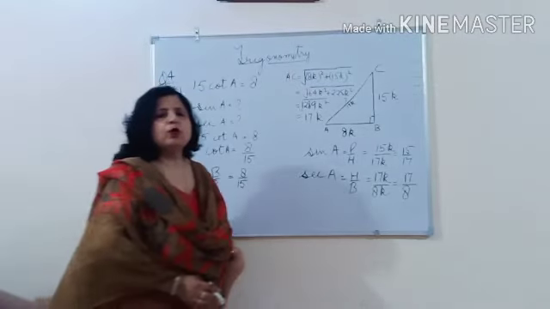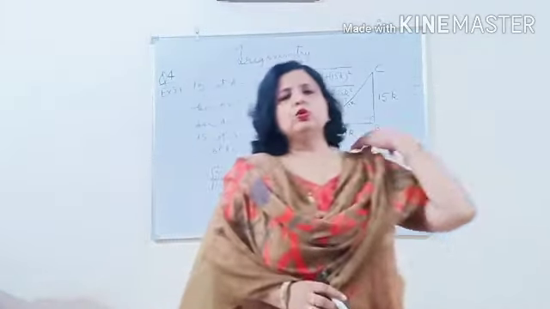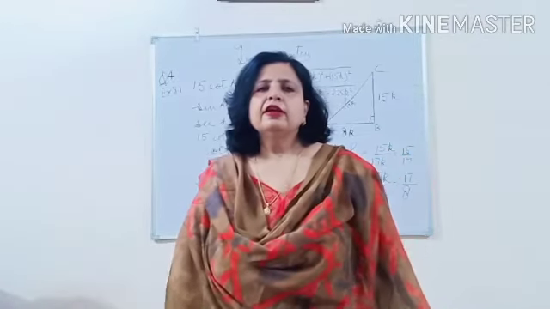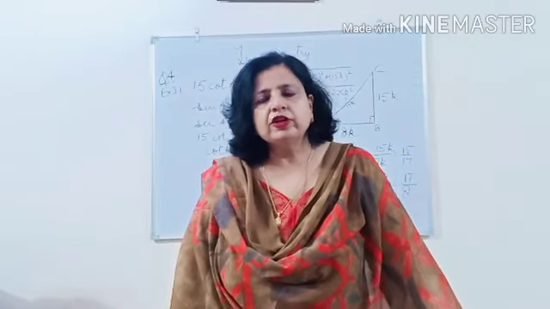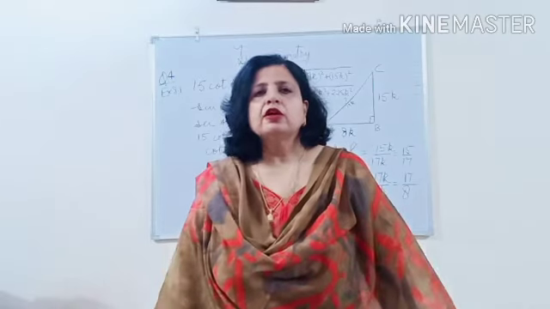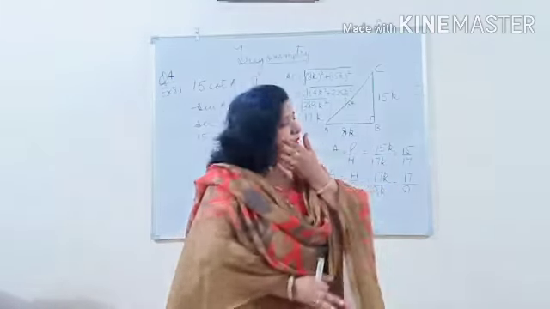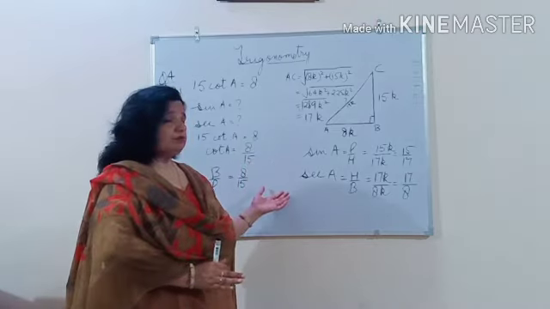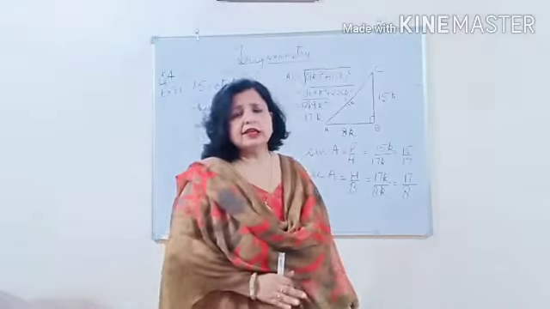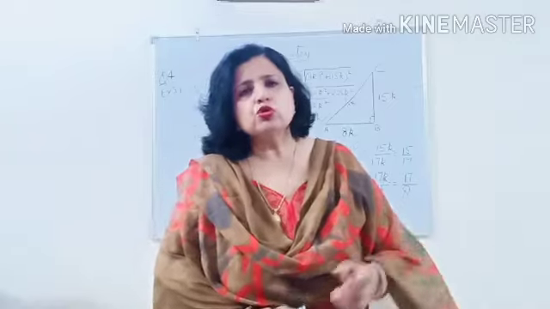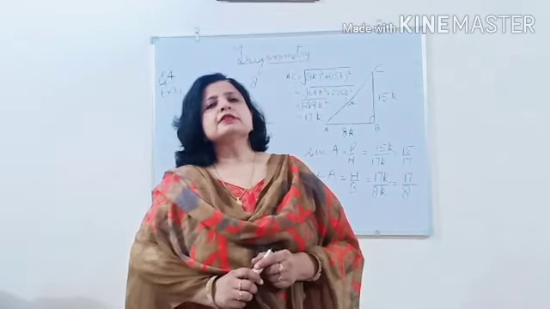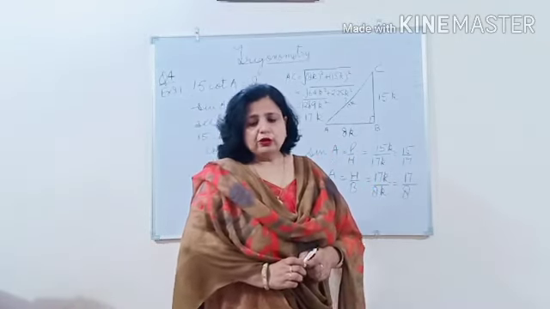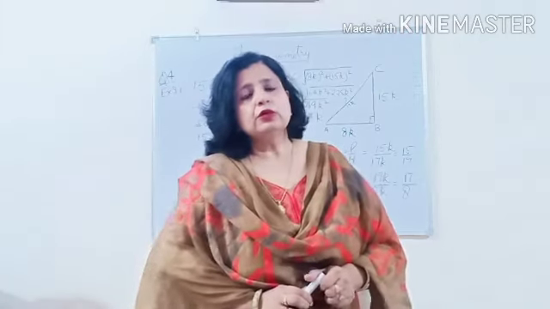So if we are given one trigonometric ratio, we can find the other trigonometric ratios with the help of that. So here I stop this. In the next part, I'll tell you the trigonometric values of certain angles.